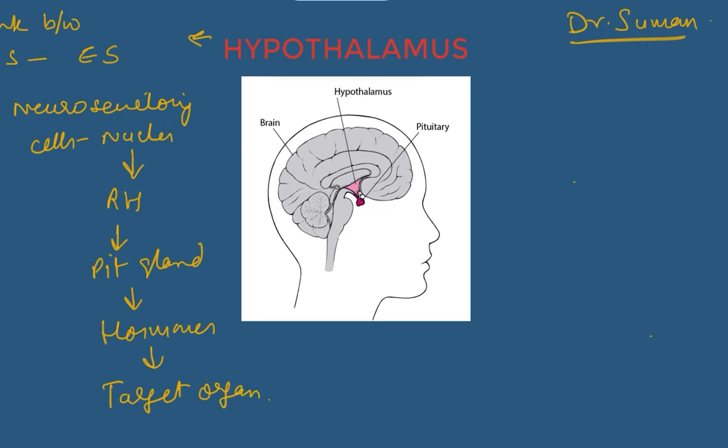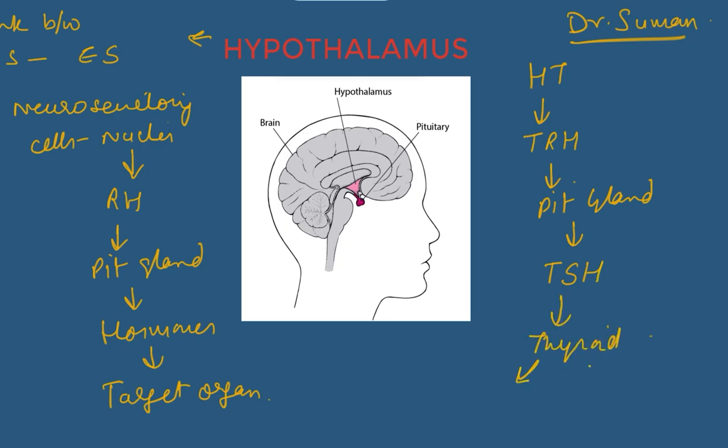Let us see an example. The hypothalamus releases thyrotropin releasing hormone that will cause the pituitary gland to secrete thyroid stimulating hormone that will reach the thyroid gland and cause the release of T3 and T4.